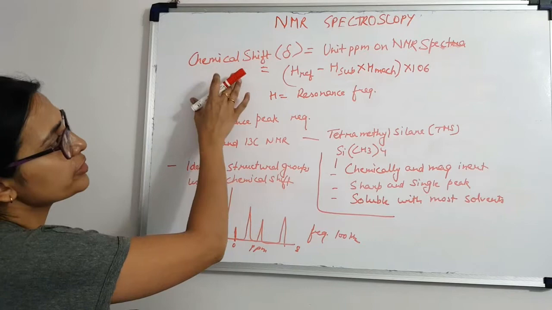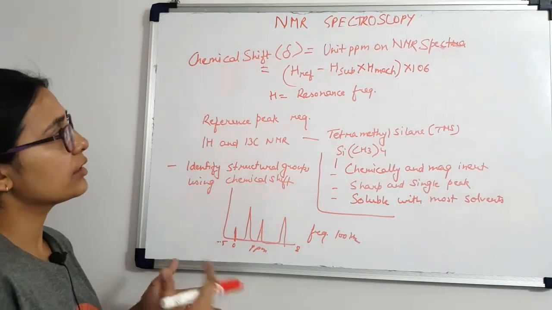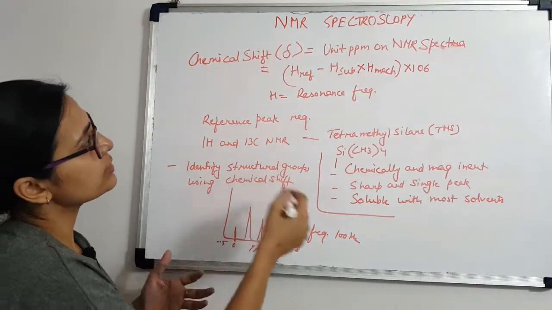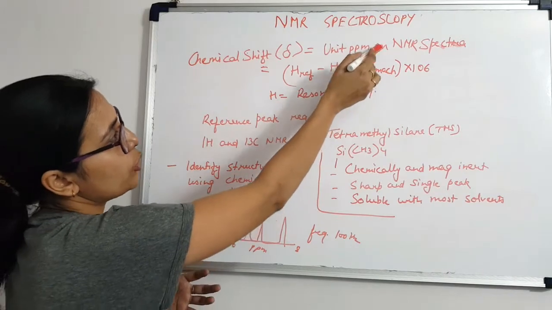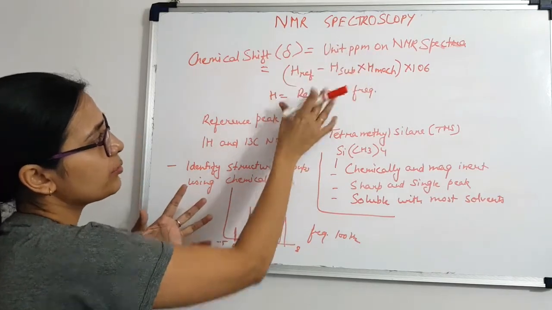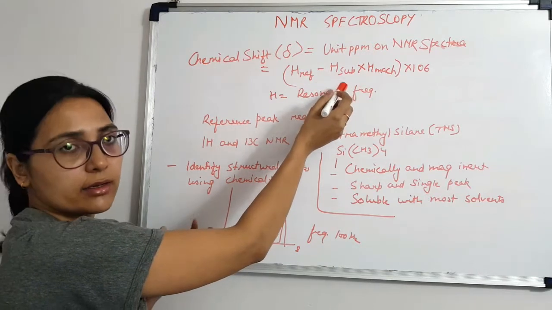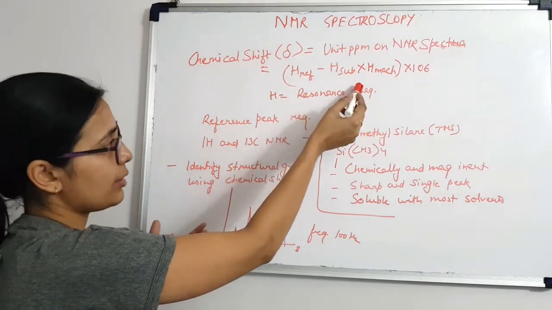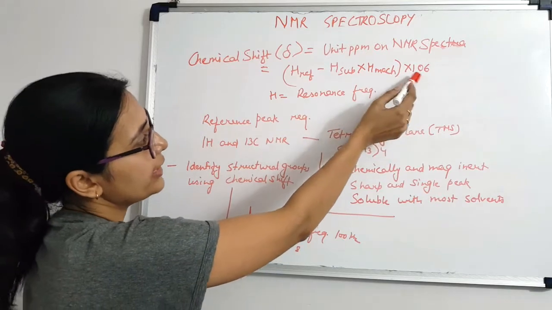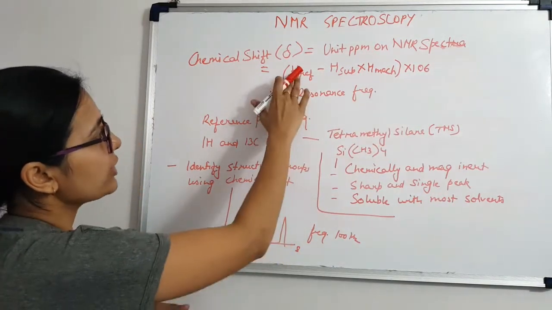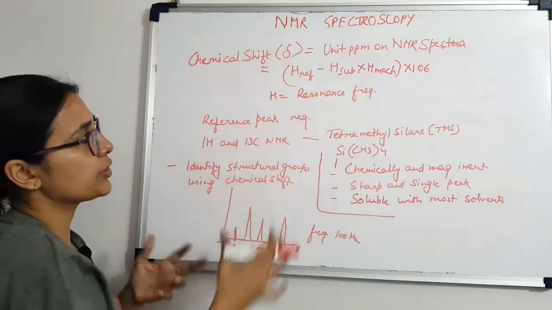Now, chemical shift on the NMR spectra is described in the unit ppm. So, this is determined by H reference minus H substance, or H sample, divided by H of the machine, times 10^6. Now H is a resonance frequency.